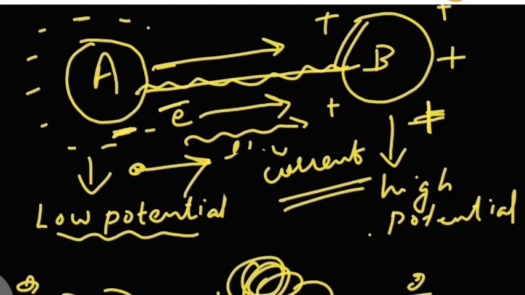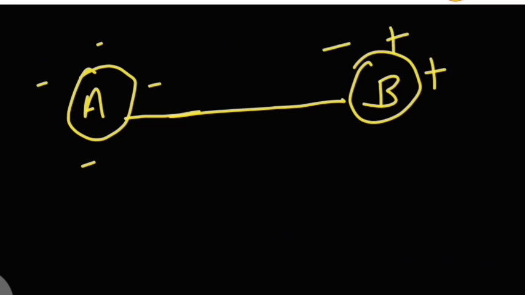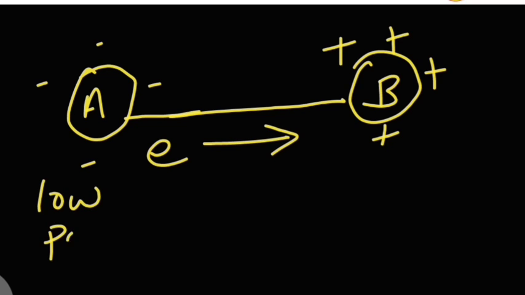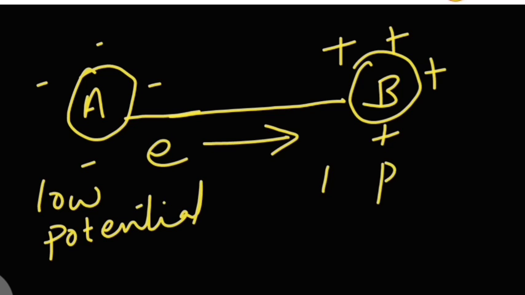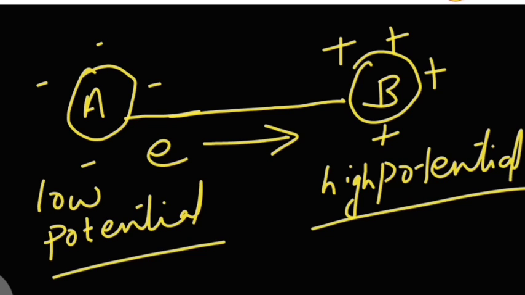So to go with the convention, even though the electrons are moving from low potential to high potential, I told that conventionally all flow will be from high potential to low potential.